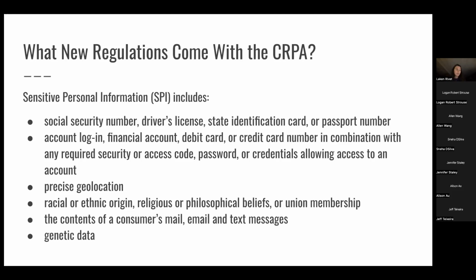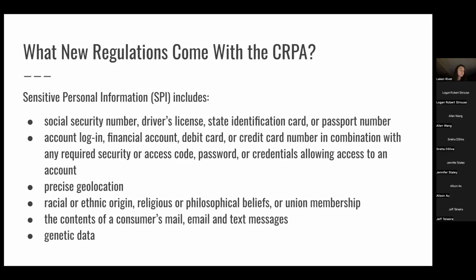So SPI is considered to be personal information that reveals anything from social security numbers to account logins to precise geolocation, race, ethnic, religious beliefs, union membership, and a more hot topic per se is also genetic data. So something of the company of Ancestry or 23andMe, that is also considered sensitive personal information under this new legislation.